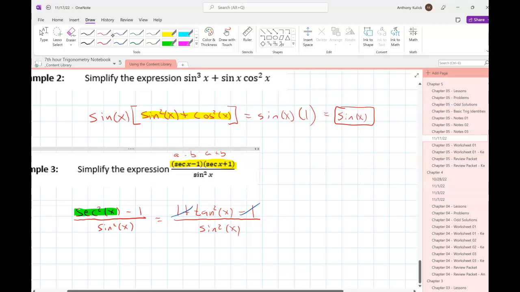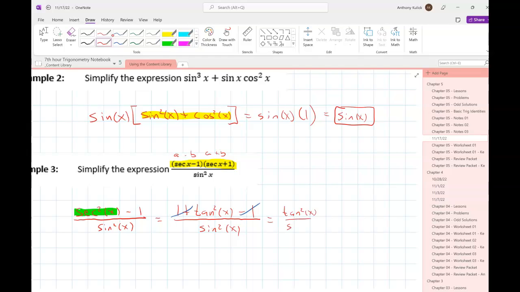Okay. So I now have tangent squared x over sine squared x. Nothing algebraic to do there because that's still just one fraction. Go ahead. Is there an identity that I could use though that could be helpful?